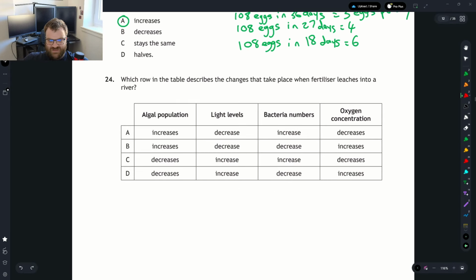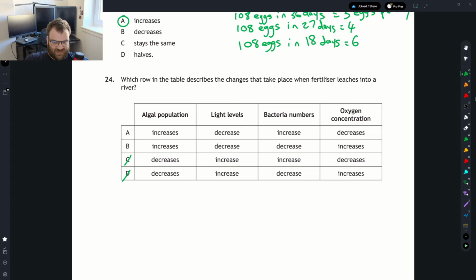When a fertilizer leaches, the algae start to grow rapidly, meaning they're increased in numbers, so the population would go up. This covers the surface of the river, and that will decrease the light that makes its way to the plants in the river.